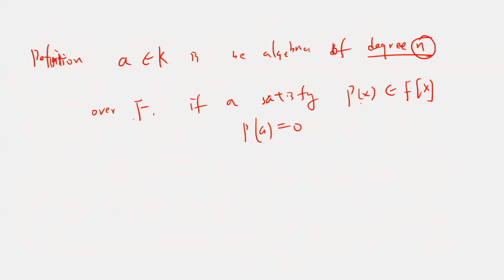So if there exists P of X belonging to F[X] such that P of A is 0, and P has degree n. And I should say the n needs to be chosen as the smallest, so no other lower degree.